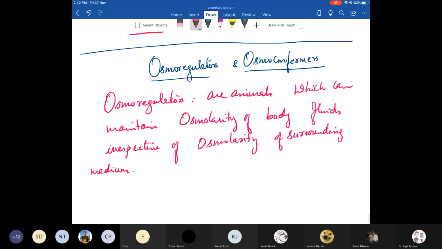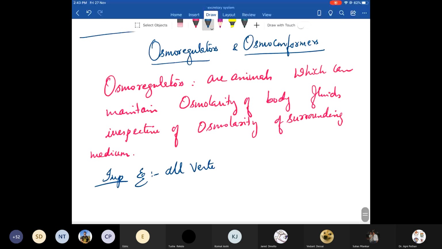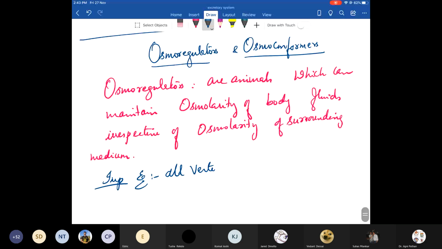Important examples: all vertebrates, fishes, amphibians, reptiles, apes, mammals.